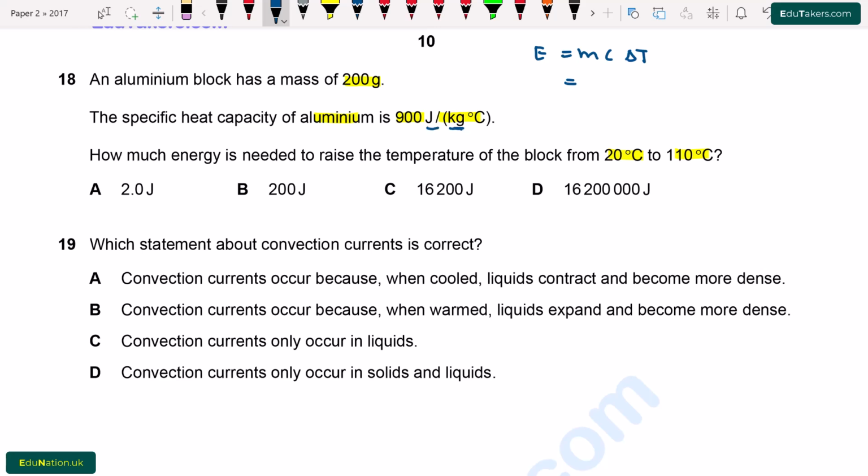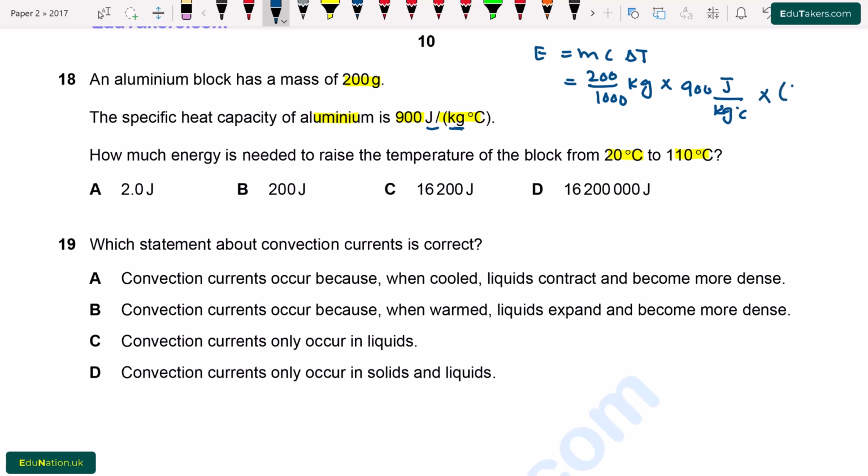The unit of mass here is kilogram. It means that we have to convert the mass of the aluminium block into kilogram. So I write here 200 divided by 1000 and the unit will be kilogram. Multiply by c, it is 900 joule per kilogram per degree C. Multiply by the change in temperature.